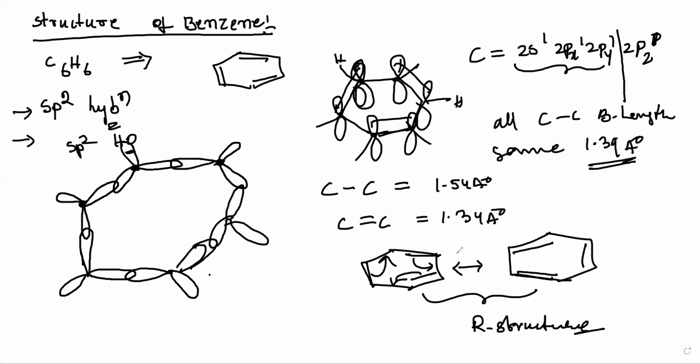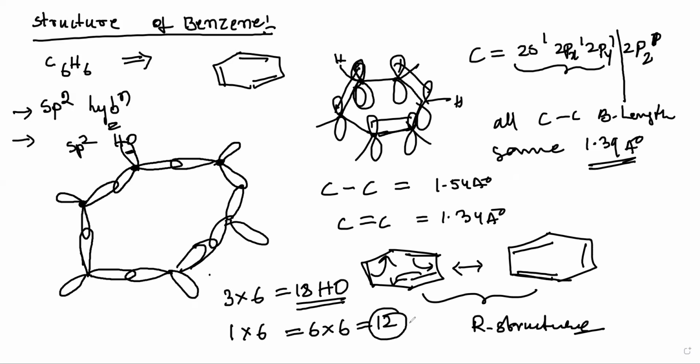So totally, each carbon gives 3 sp2 orbitals. There are 6 carbons, so 18 hybrid orbitals are present in total in benzene. Next, the unhybridized orbitals. Each carbon has one unhybridized orbital, that is 6, and there are 6 hydrogens, each having one.